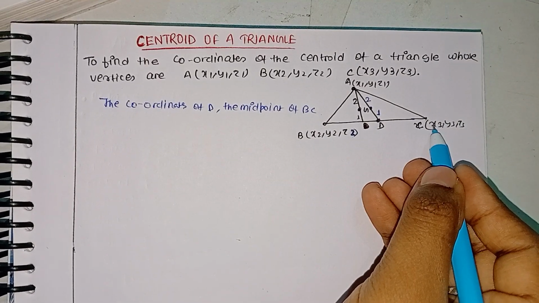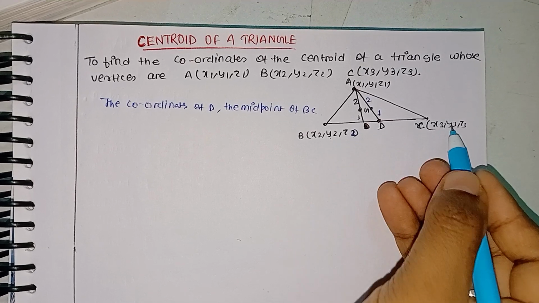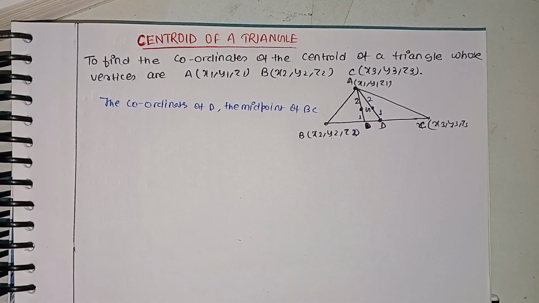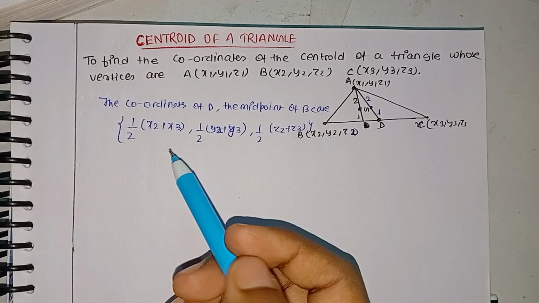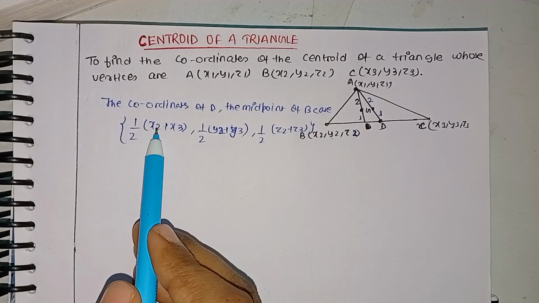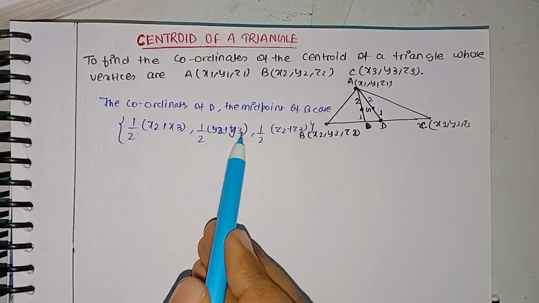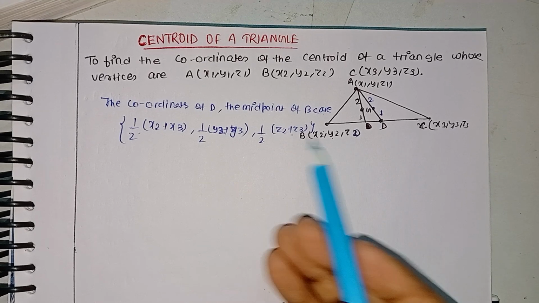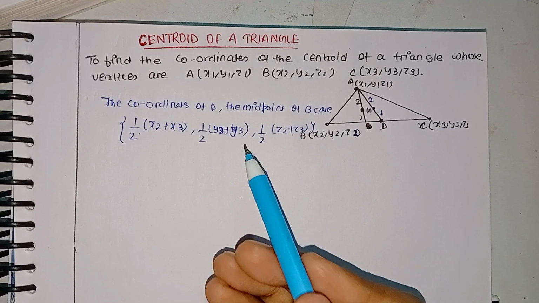The coordinates of D are (x2 plus x3) upon 2, (y2 plus y3) upon 2, and (z2 plus z3) upon 2. This is what we get from the midpoint formula.